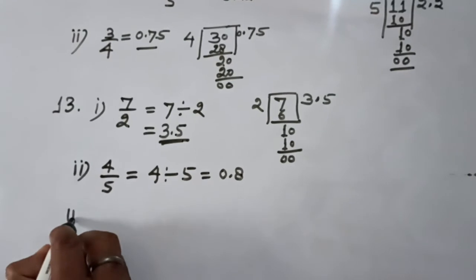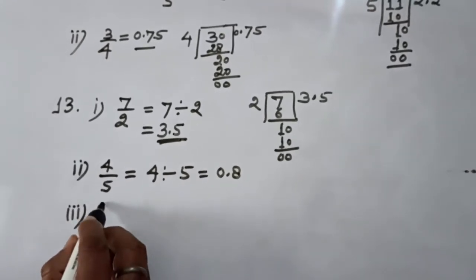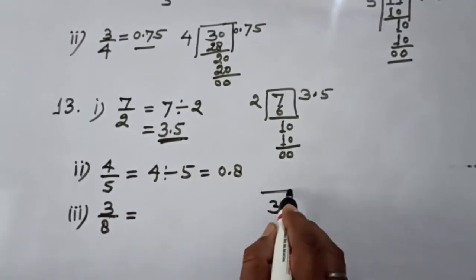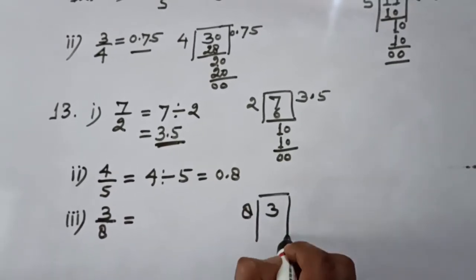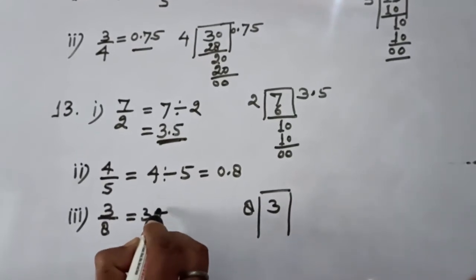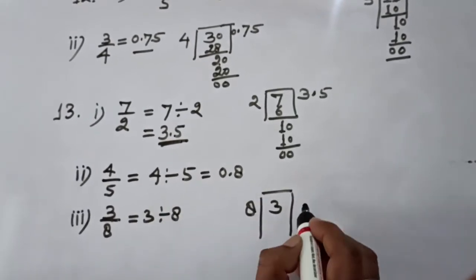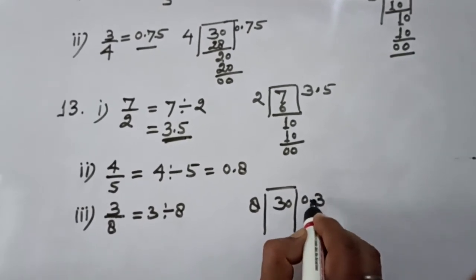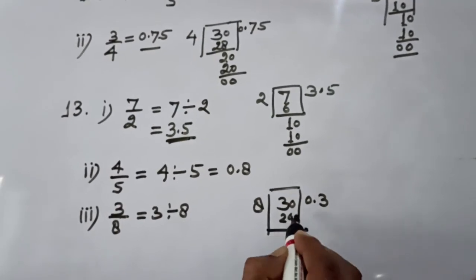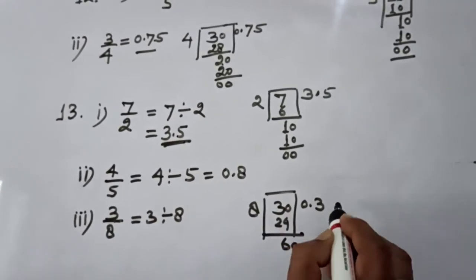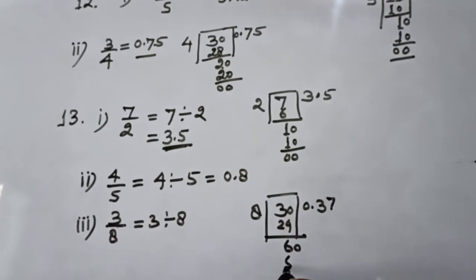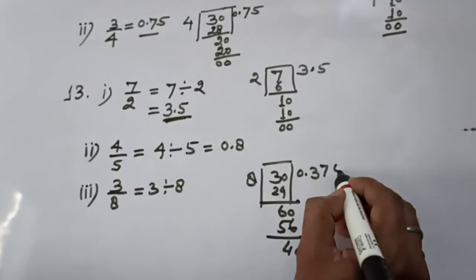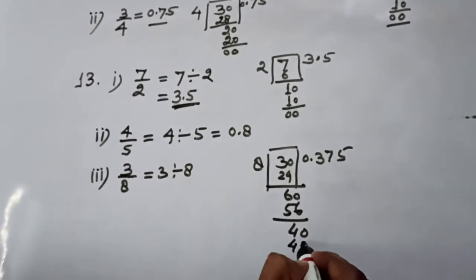Third, 3 by 8. Similarly, 3 divided by 8. So decimal here, 0, 8 threes are 24, 6 is left, 8 sevens are 56, then 4 is left, 8 fives are 40.